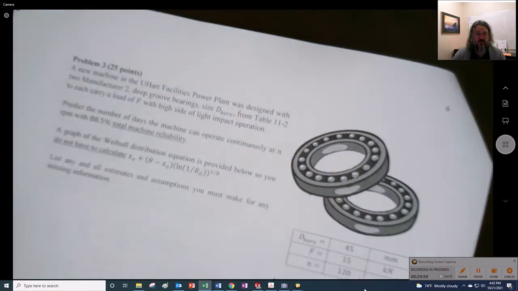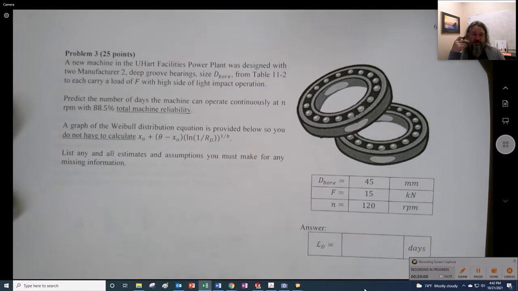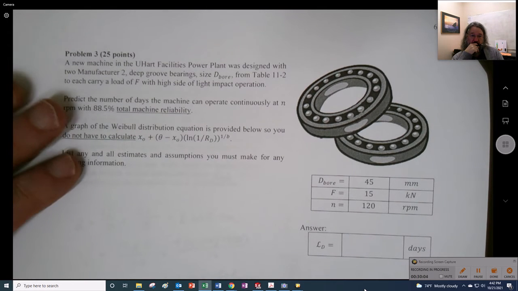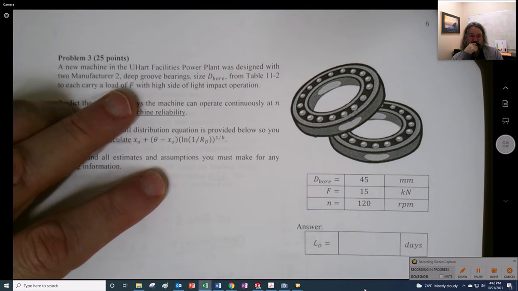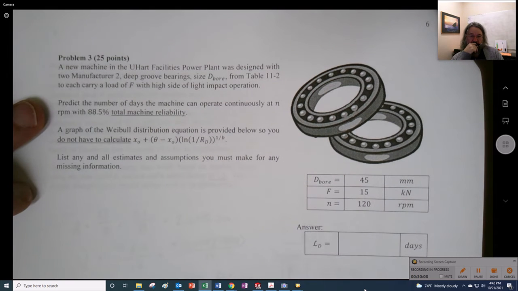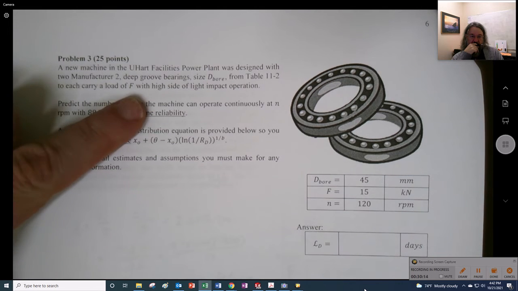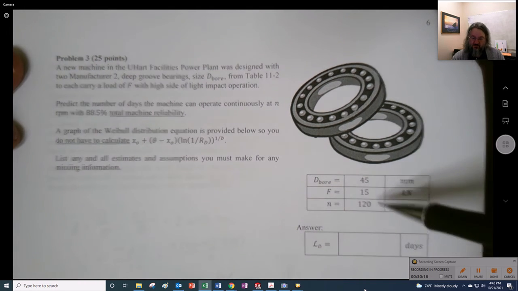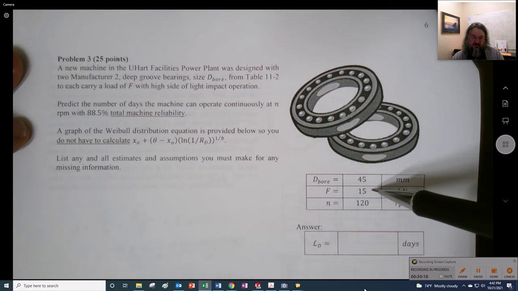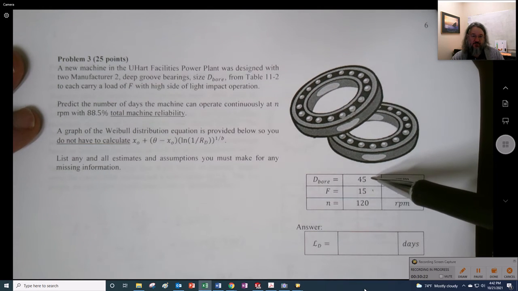All right, so this time, what we have here is a new machine designed with 2 manufacturer 2 deep groove ball bearings from table 11.2, and to carry a load of F right here. So it has to carry 15 kilonewtons, and these are the 45 millimeter ones.